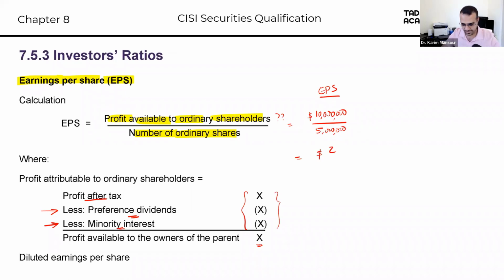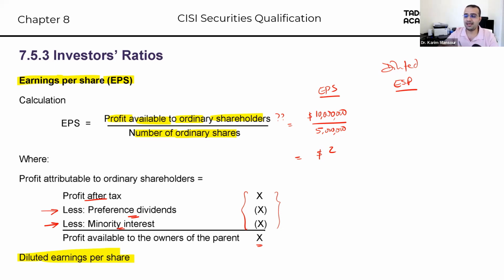But companies are also required to show any potential diluted earnings per share. What is the diluted earnings per share? Remember when we talked about convertible bonds and warrants, and we said these are securities that might be converted into ordinary shares. That means the holder of these securities might choose on maturity or redemption to convert the money into ordinary shares.